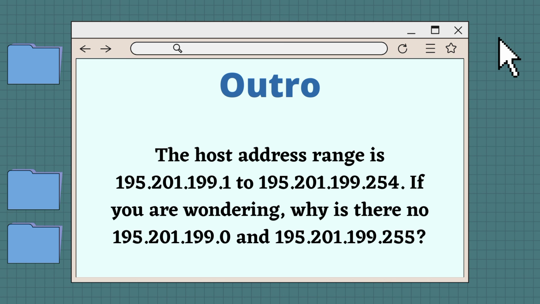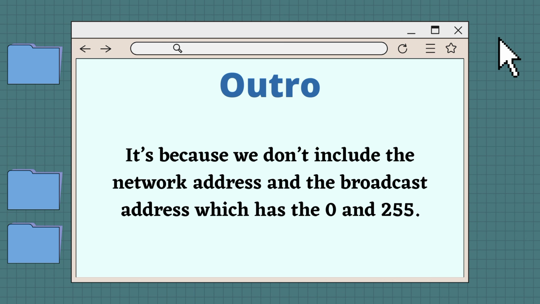If you are wondering why there is no 195.201.199.0 and 195.201.199.255, it's because we don't include the network address and the broadcast address, which have the 0 and 255.